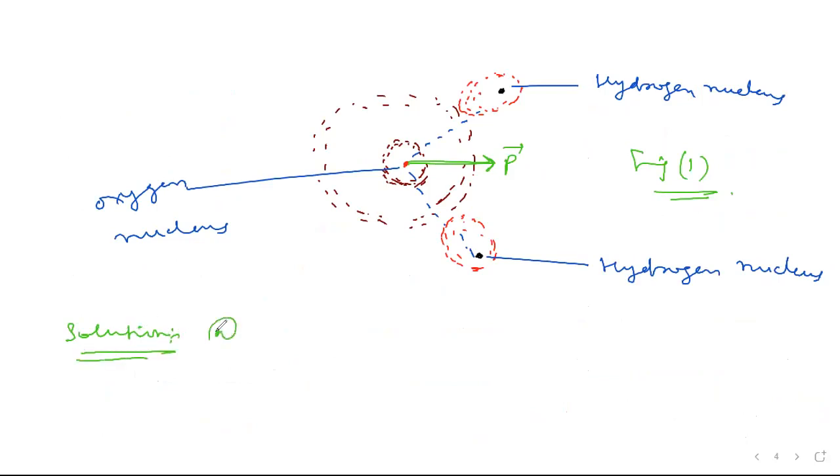First, we discuss part A of the solution. You know by definition what is an electric dipole. An electric dipole is a configuration of two equal and opposite charges separated by a certain distance.